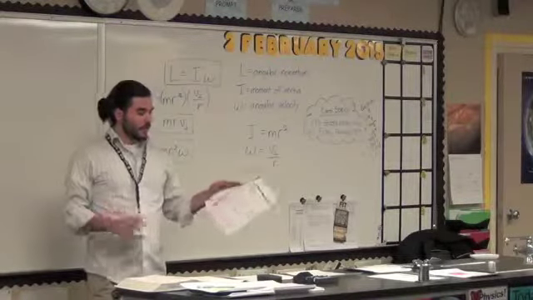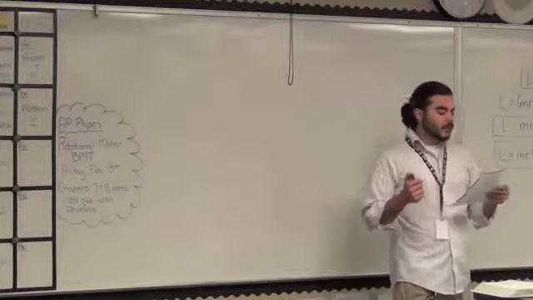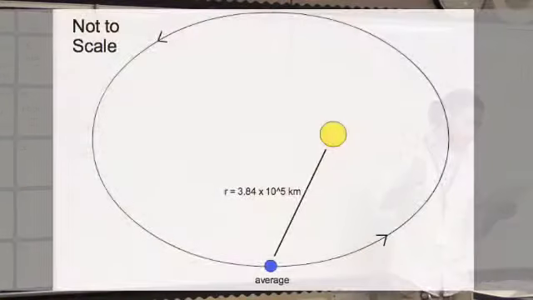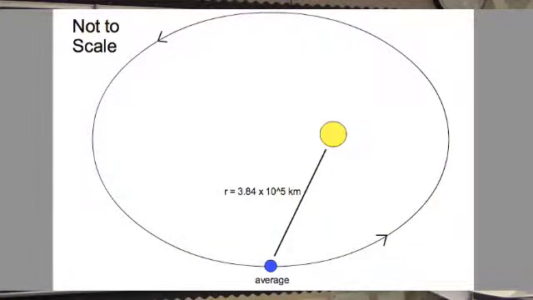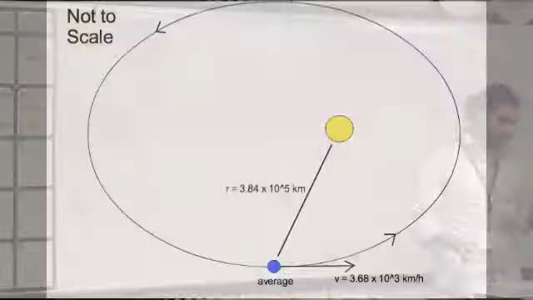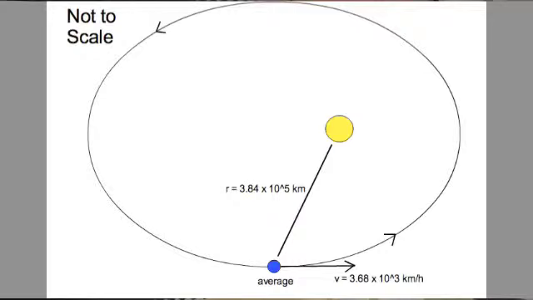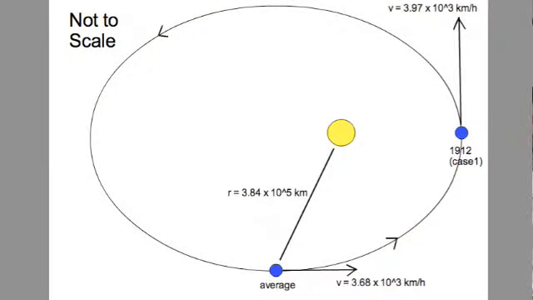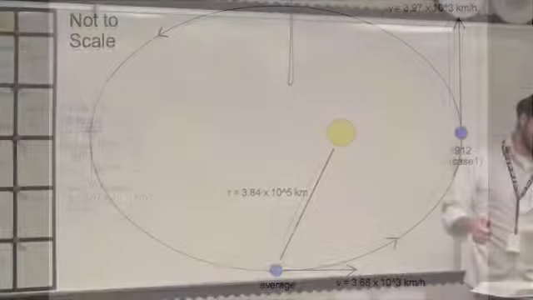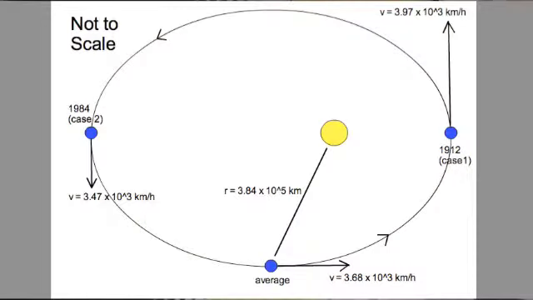So I'm going to walk you through the example problem. The average distance from the Earth to the Moon is 3.84 times 10 to the 5 kilometers. The average orbital speed of the Moon at its average distance from the Earth is 3.68 times 10 to the 3rd kilometers per hour. However, in 1912 the average orbital speed was different, and in 1984 it was smaller.